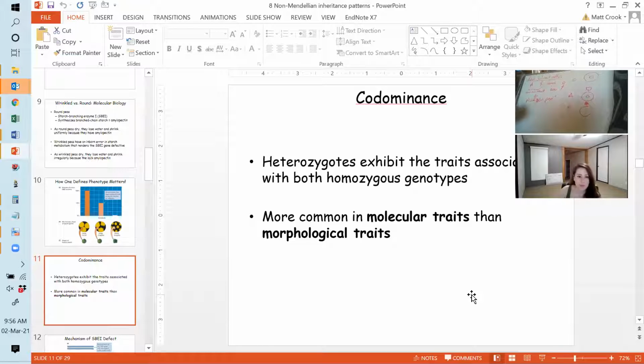So you can be AA or AO, and that gets you the A antigen, right? You can be BB or BO, which equals B antigen, and OO equals no antigen.